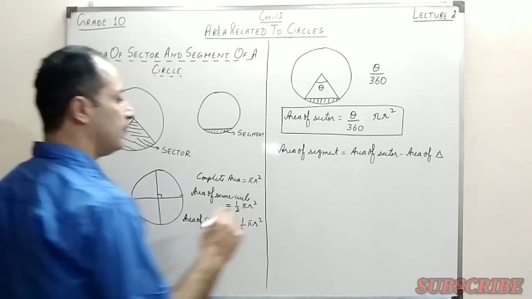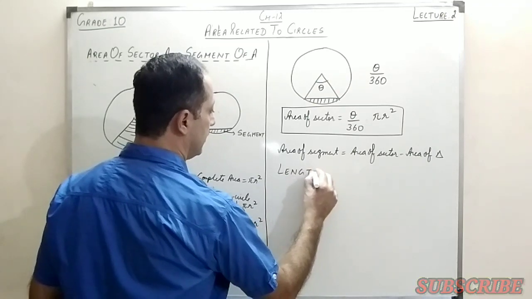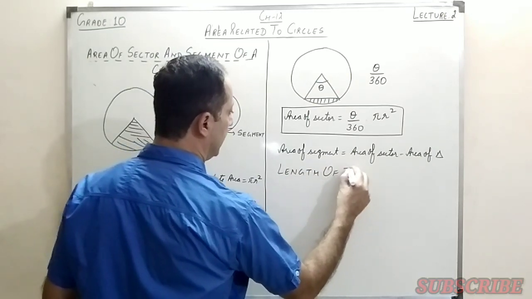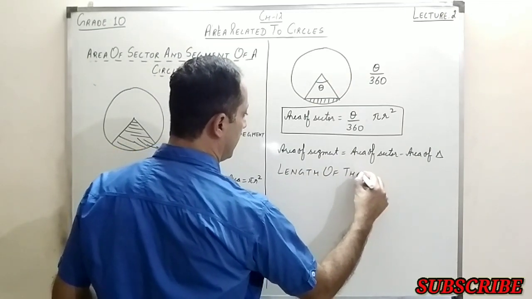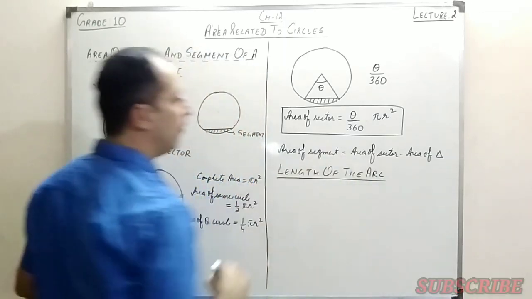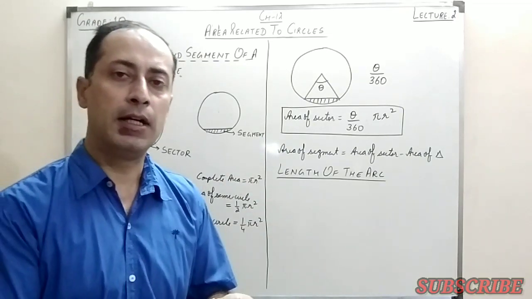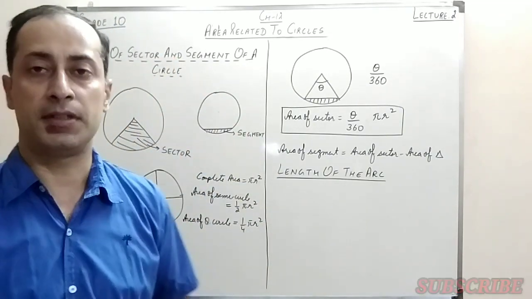Now the next thing that comes is the length of the arc. What is an arc? It is basically some part of the boundary of the circle, right?